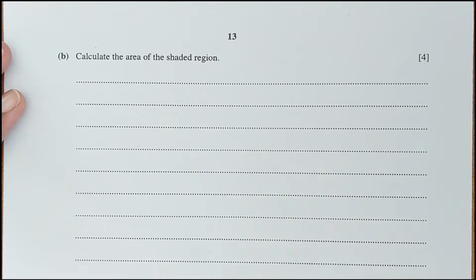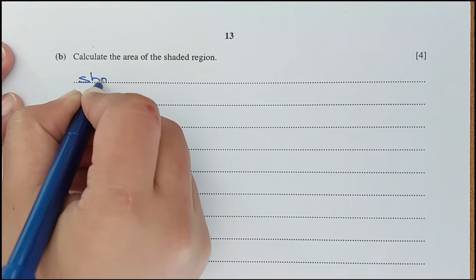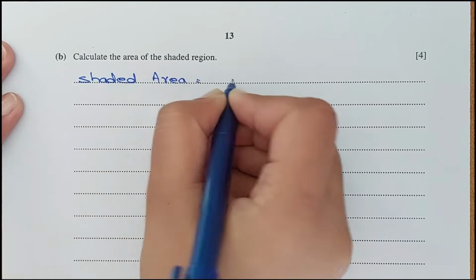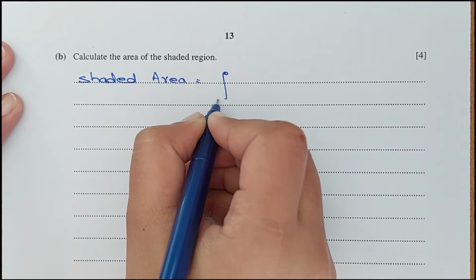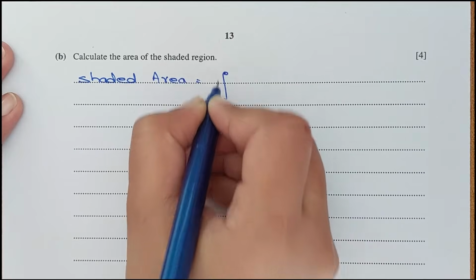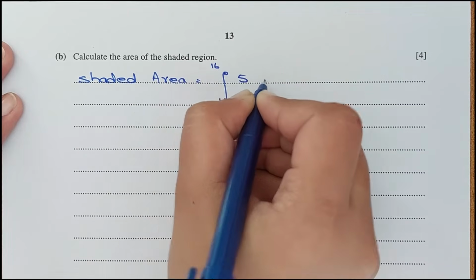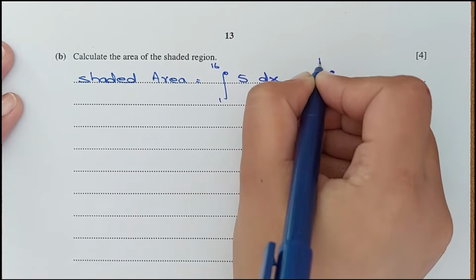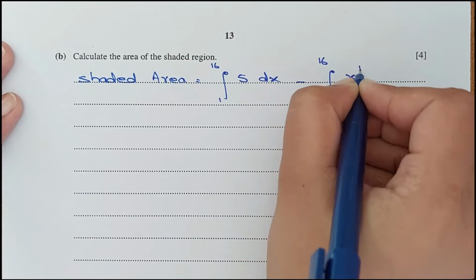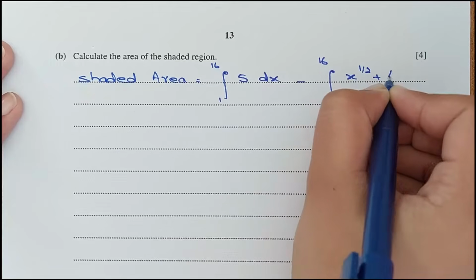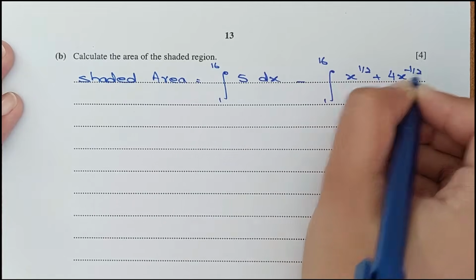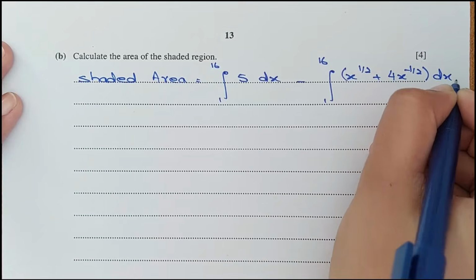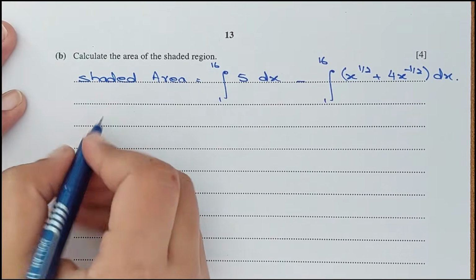So we can say that the shaded area is integration of the line from 1 to 16, the line is 5 dx, minus integration 1 to 16 of the curve, which is x power 1 by 2 plus 4 x power minus 1 by 2 with respect to dx. So let me simplify.